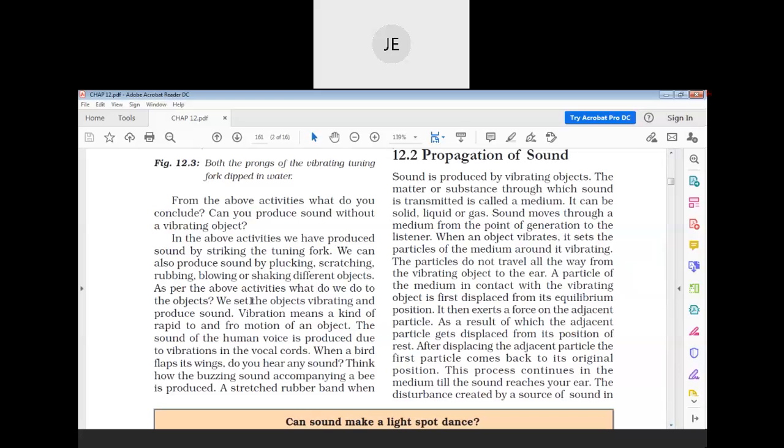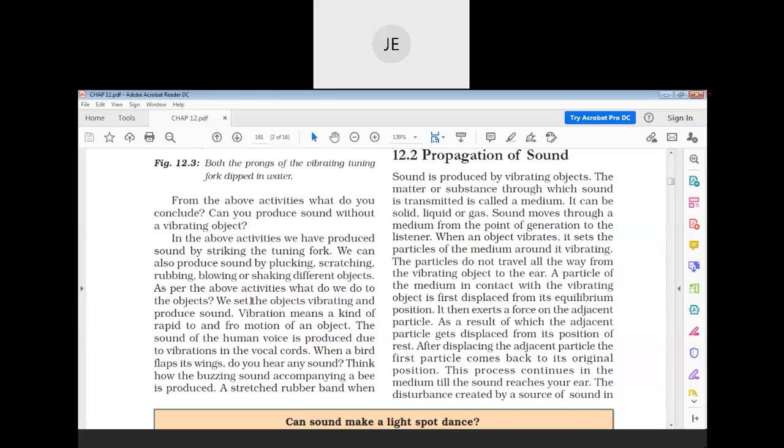The sound of the human voice is produced due to the vibration of the vocal cord. When a bird flaps its wings, do you hear any sound? Think how the buzzing sound accompanying a bee is produced. When the bird flaps its wings, the air column nearby is vibrating, so sound is produced.